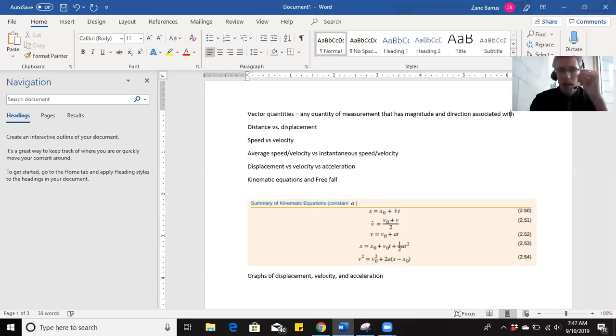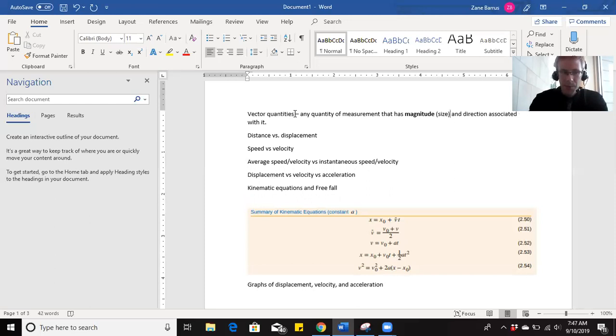Okay. Now that definition has 2 things I want to highlight. Magnitude. Okay. Magnitude is just a fancy word for size. So for example, if my car is driving 65 miles per hour, the magnitude or the size of my speed is 65. Okay. So magnitude is the actual number that you measure when you measure something.